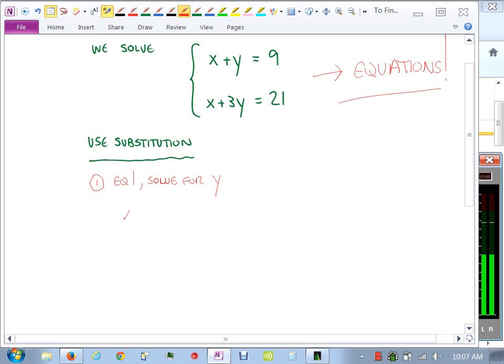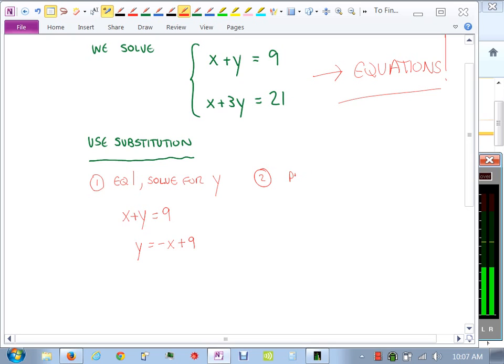So I take equation 1 and I move the x over. And we had done that earlier, so it's kind of repeating ourselves here. All right, once you do that, what do you do? Plug it into the other equation for y.